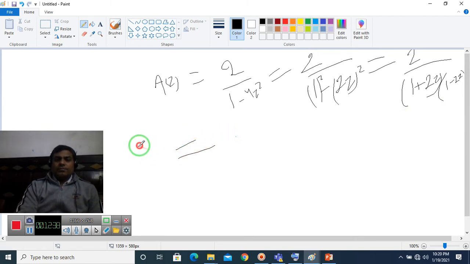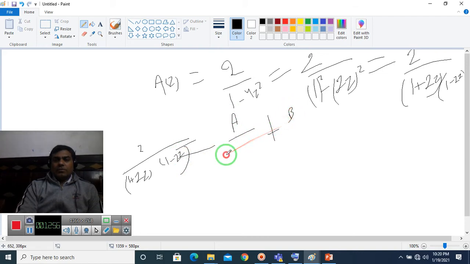2 upon (1 plus 2Z)(1 minus 2Z) equals a upon 1 minus 2Z plus b upon 1 plus 2Z.